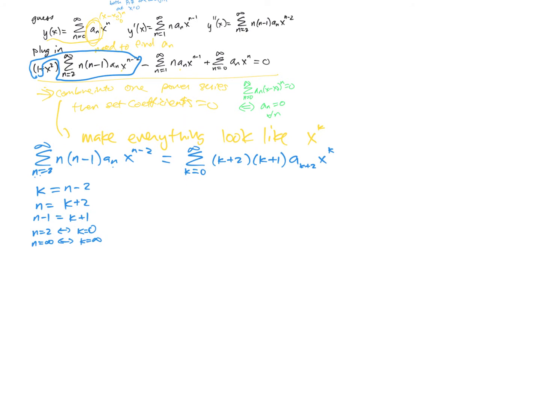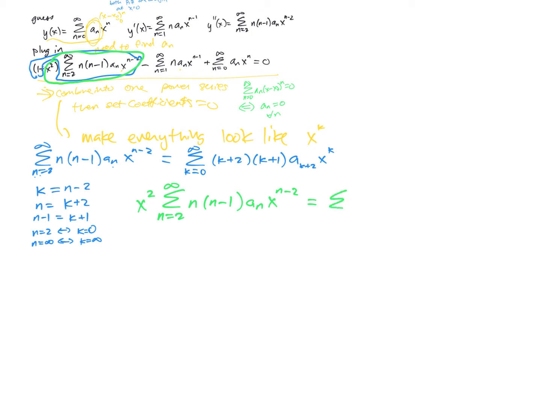Next let's do the x squared times everything. I'll move over here just to be efficient with space. So we have x squared times the sum from n equals 2 to infinity of n minus 1, a n, x to the n minus 2. Actually, before I do that, I can put this x squared inside the sum.